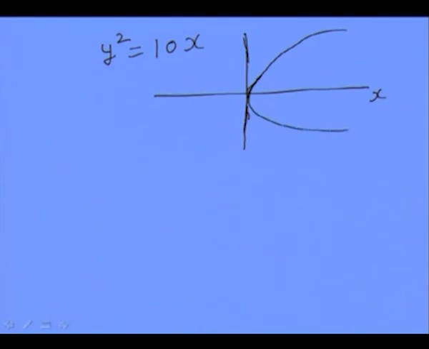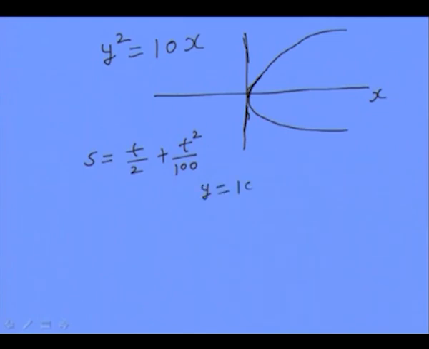Now it has been told that s is equal to t by 2 plus t square by 100, and it is desired to find out its acceleration when y is equal to 10.